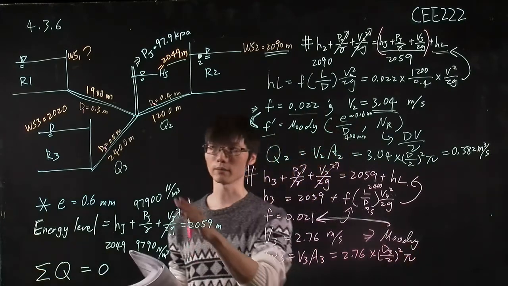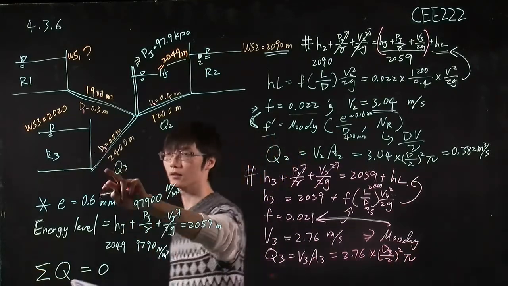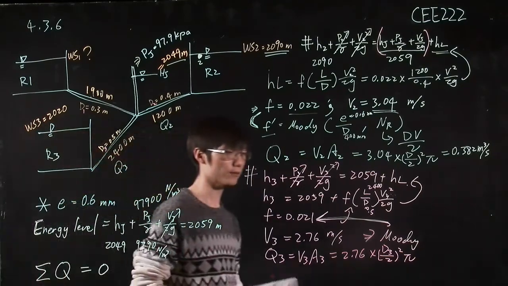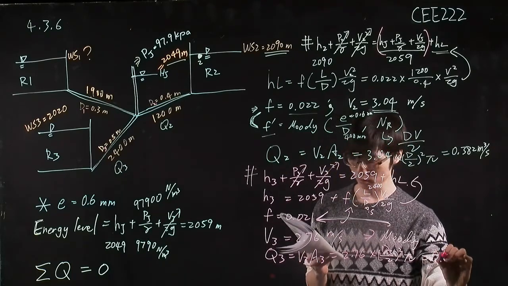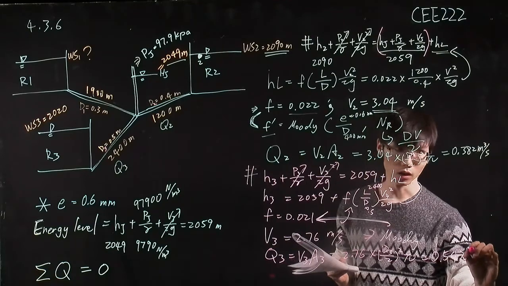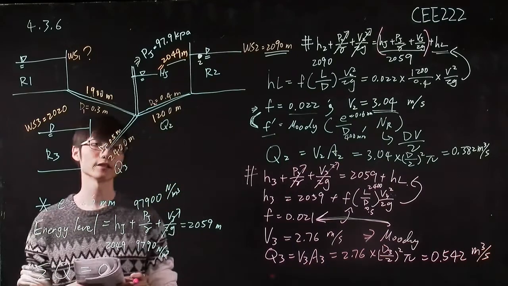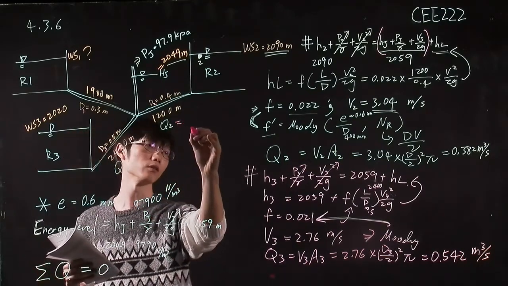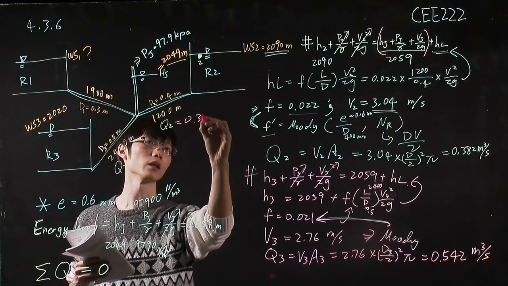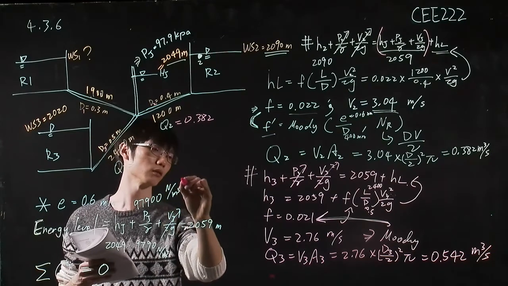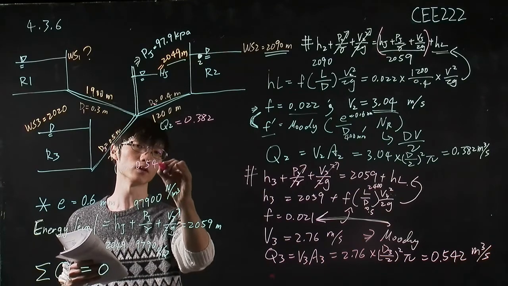That is the area of the pipeline. You just plug in the values from the problem here. Then we get Q3 is equal to 0.542 cubic meter per second. So we know Q2 is equal to 0.382, and Q3 is equal to 0.542.